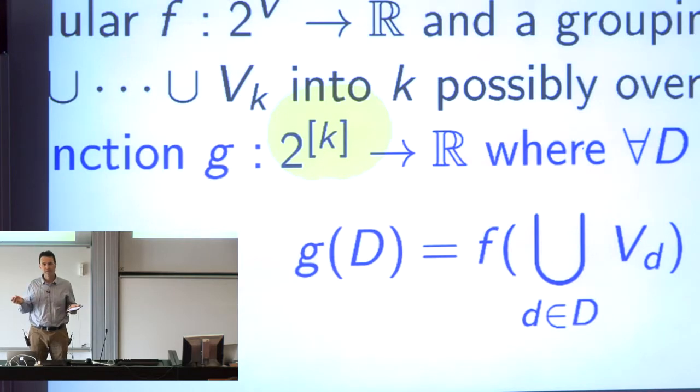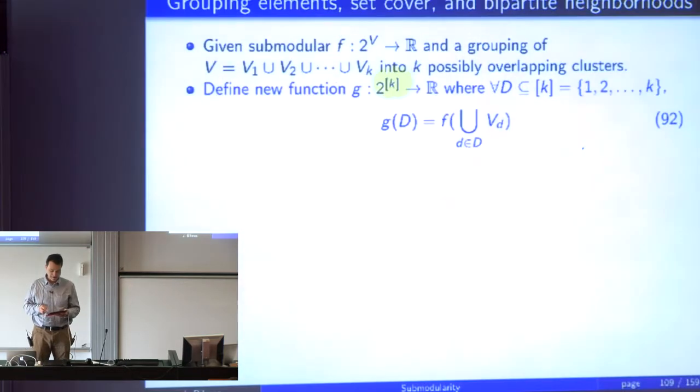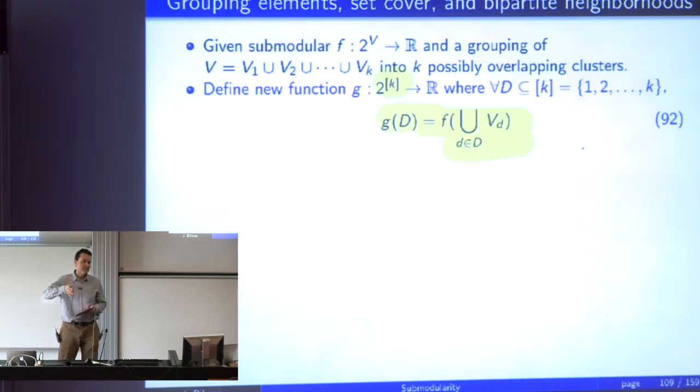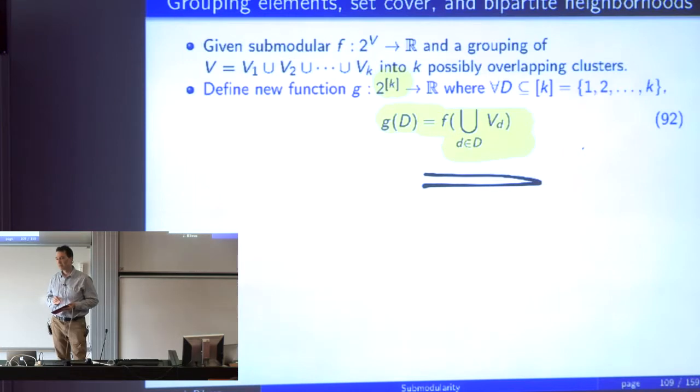So this is a function that maps from subsets of the set of indices to the set of subsets that we've got. Now we define a new function, g, which takes subsets of indices of these subsets, and its valuation is the submodular function evaluated on the union of the subsets corresponding to the indices in this argument right there.